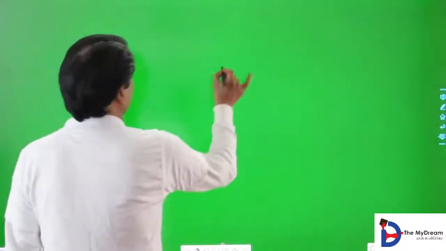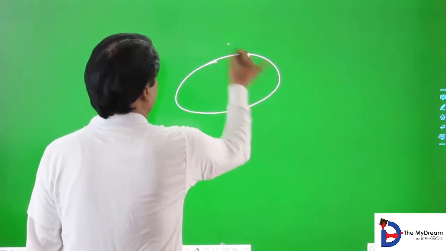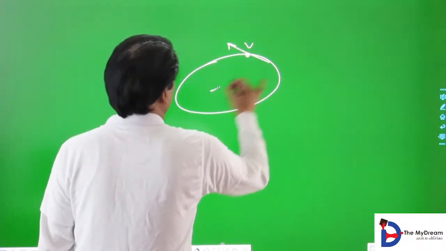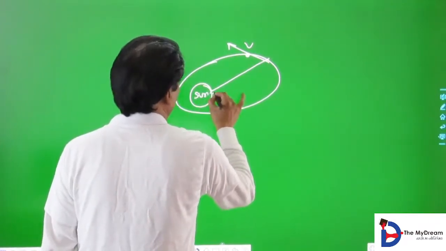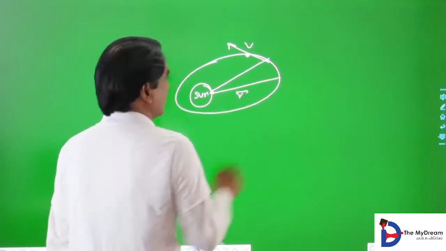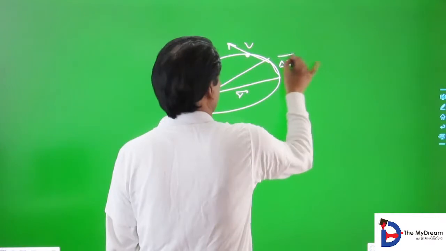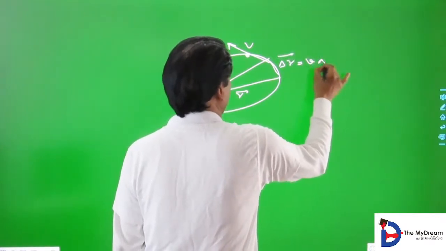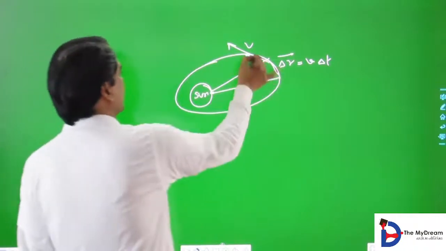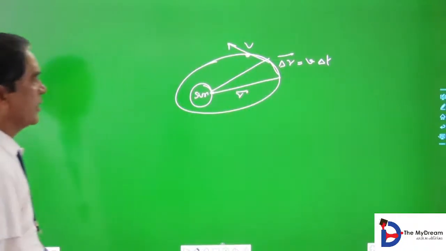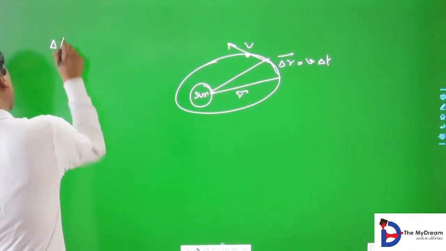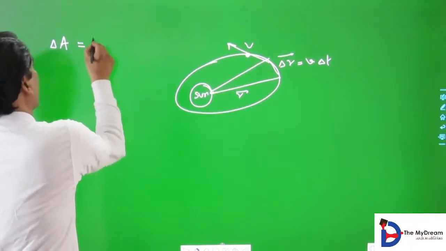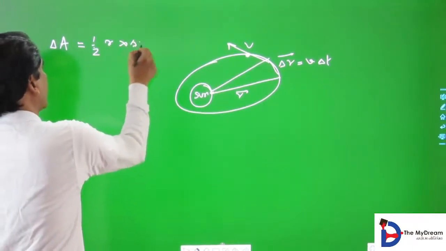Now we are talking about the areal velocity. Suppose the planet revolves with velocity v, then the area is half r into delta r.